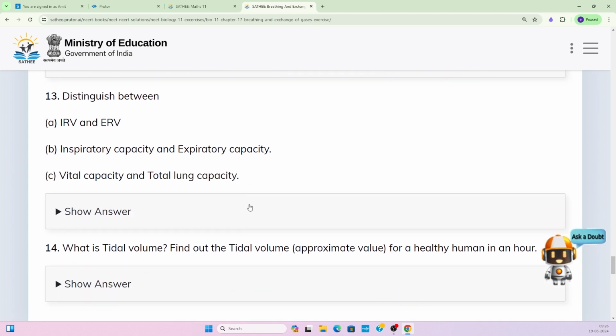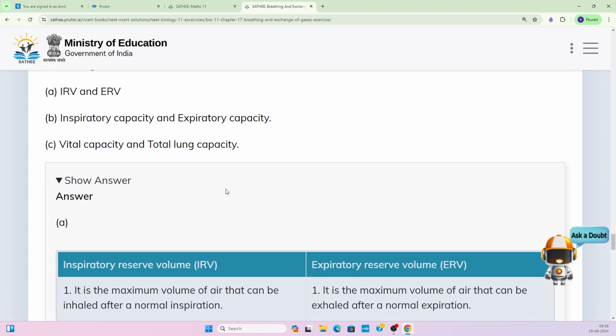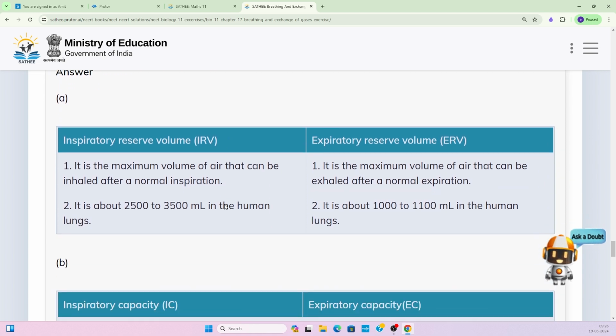Next question is distinguish between IRV and ERV. So let us see the differences. The IRV, inspiratory reserve volume, and expiratory reserve volume. What is the difference between these two? It is the maximum volume of air that can be inhaled after a normal inspiration.